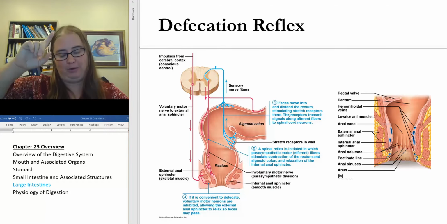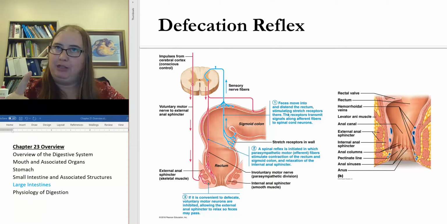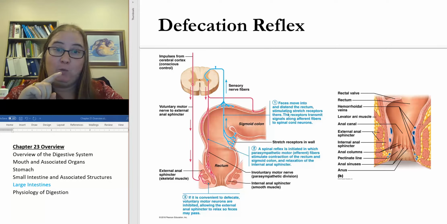However, the great thing about the nervous system is that our brain can also have a role in this process, because it's nervous system too. What this distension does, this initial pathway, is it causes two things to happen in the sigmoid colon and in the rectum.